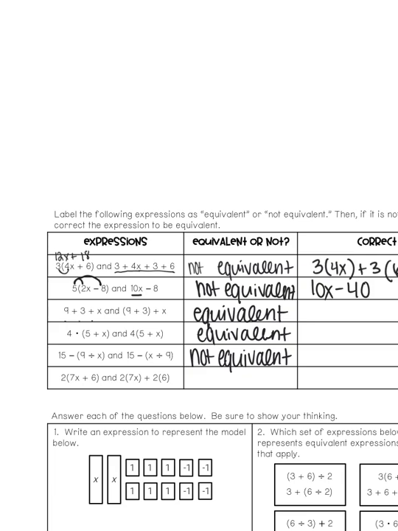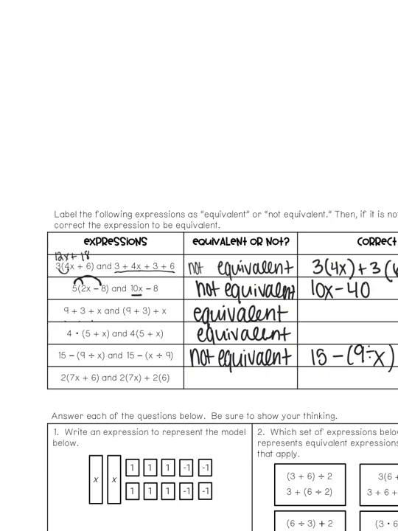In order for them to be equivalent, I could say just the exact same thing. There isn't really a way to make that equivalent without writing the same thing again, because like I said, with subtraction and division, order matters.